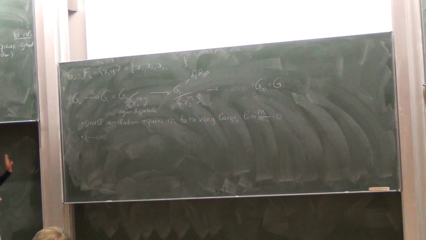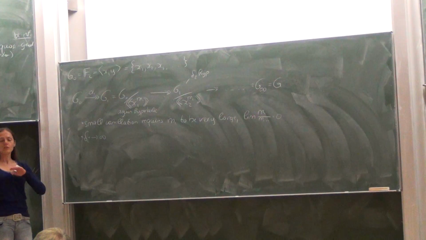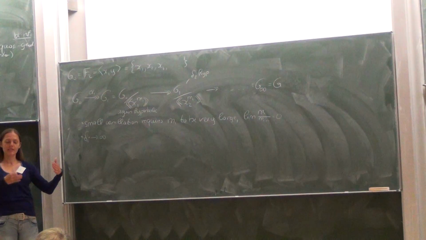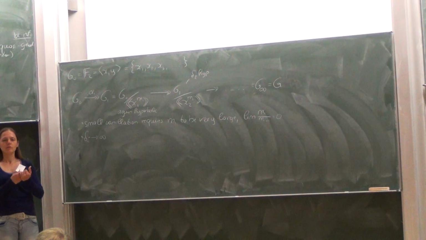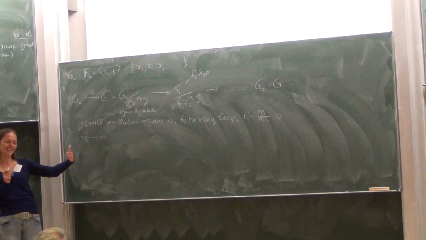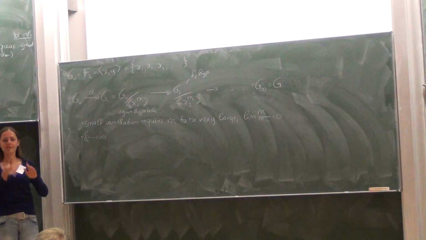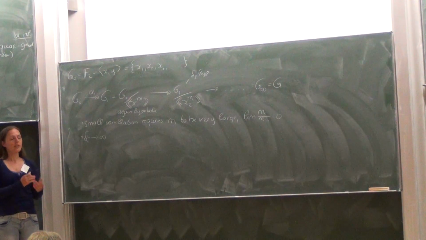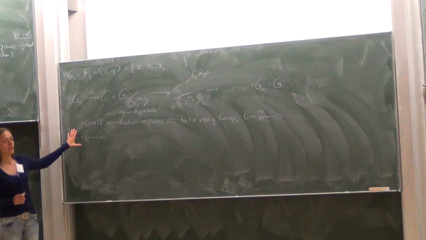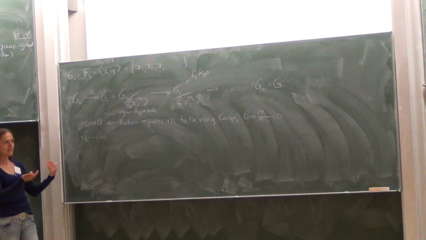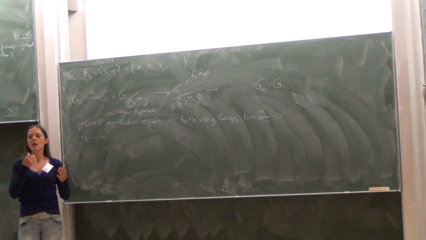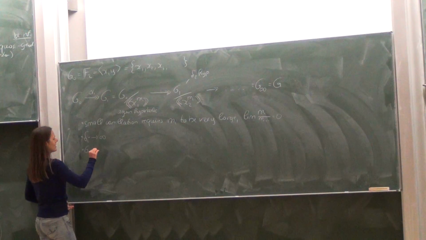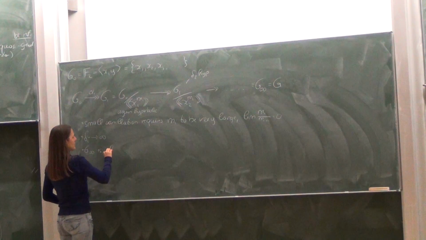In fact, if you require that one asymptotic cone is an R-tree and you require a group to be finitely presented, then it's a result by Kapovich-Kleiner that the group has to be hyperbolic. So finitely presented and one asymptotic cone an R-tree is enough to make it hyperbolic. So everything we talk about here, which are the more interesting cases of acylindrically hyperbolic groups, are all infinitely presented. So let's put that down. G infinity is infinitely presented.